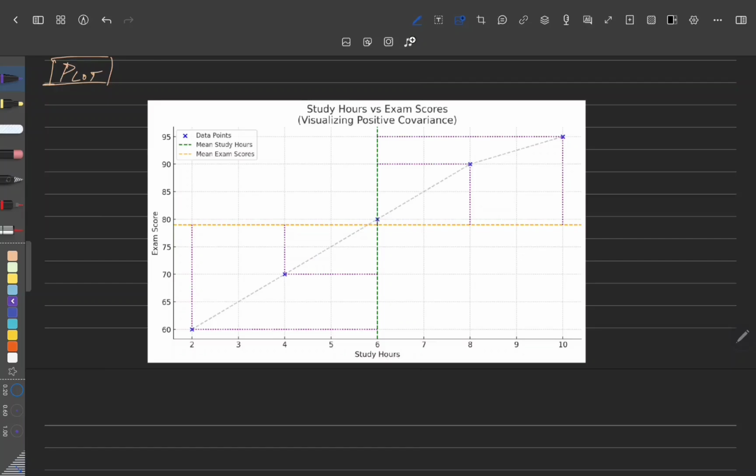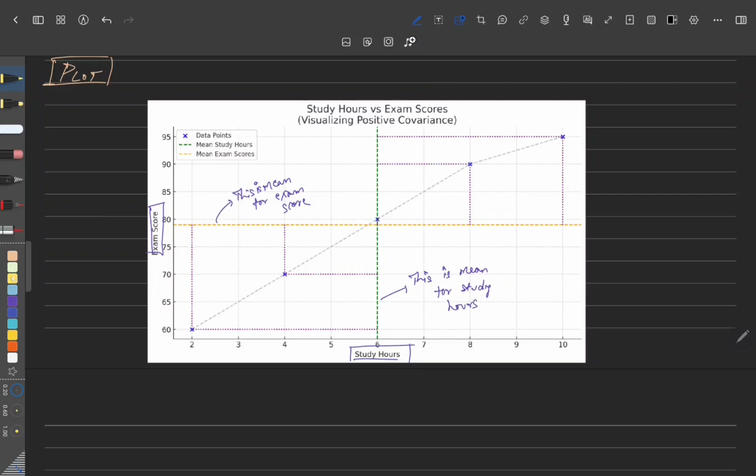On the x-axis we have study hours, on the y-axis we have the exam scores. Now this is the mean for exam score, and this is the mean for study hours.